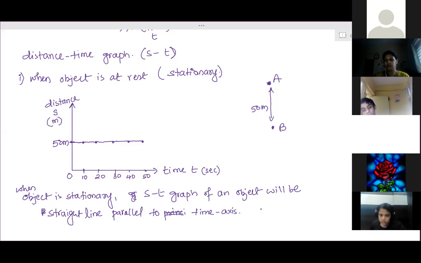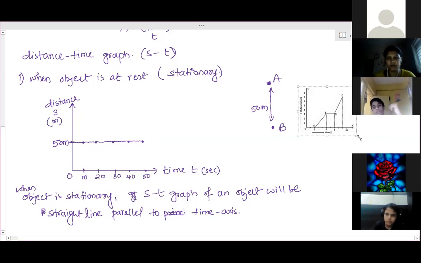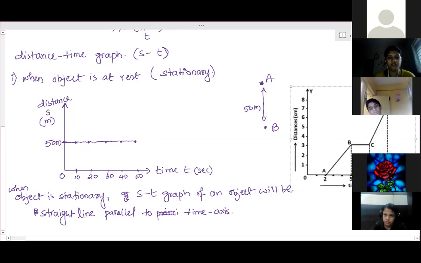Clear? So whenever you see a distance-time graph and some part is parallel, like, suppose I show you this position-time graph of the motion of some object.